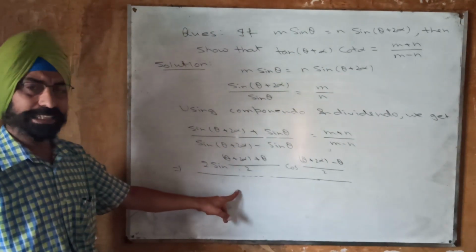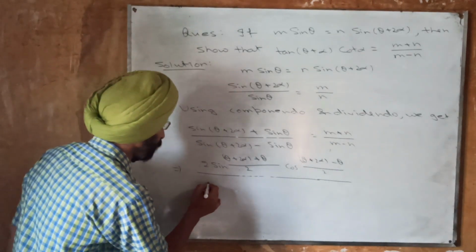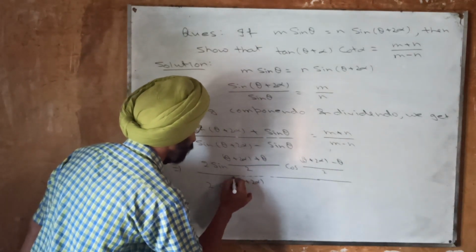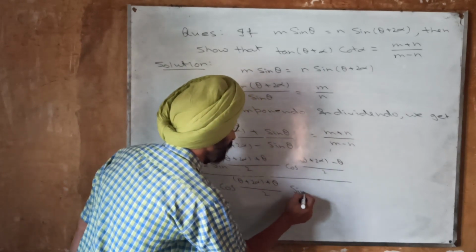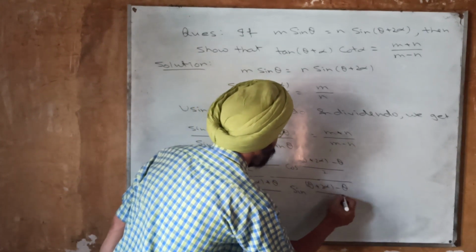And in the denominator, it is sin A minus sin B, so it will be reversed now: 2 cos((theta plus 2 alpha plus theta) by 2) sin((theta plus 2 alpha minus theta) by 2).